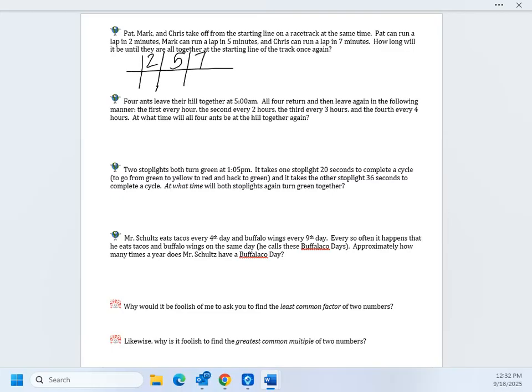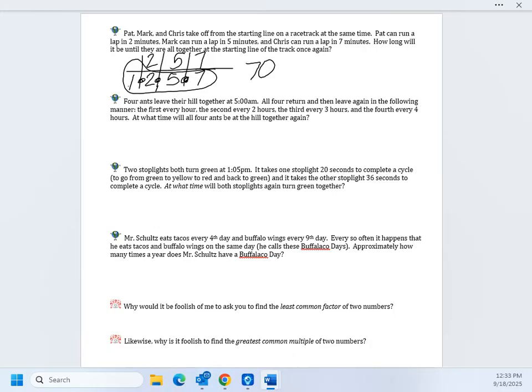What number can I divide out of all or some of those numbers? Elliot? Yeah, just the one. The only factor that I could divide out would be that one. And I multiply them together. 1 times 2 is 2, 2 times 5 is 10, 10 times 7 is 70. 70 what?